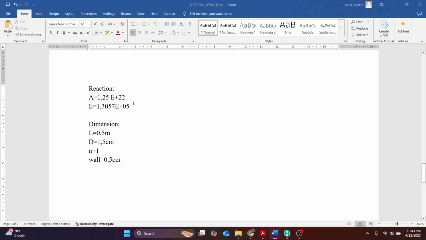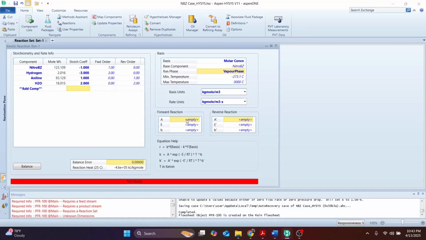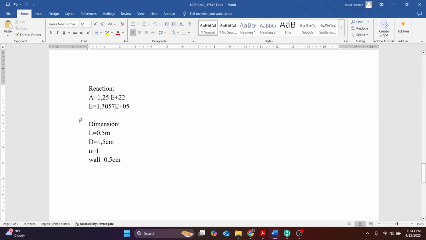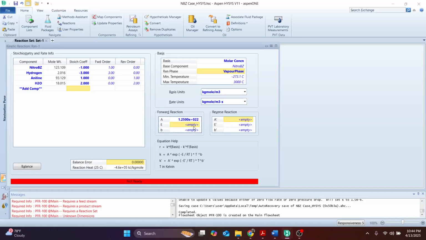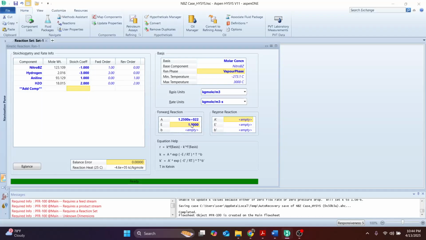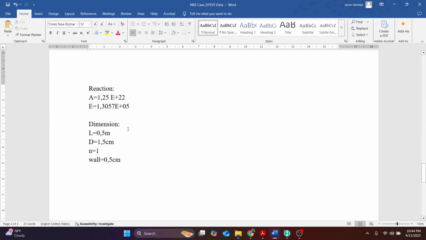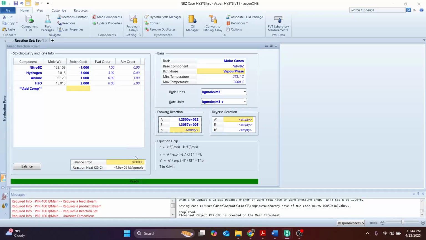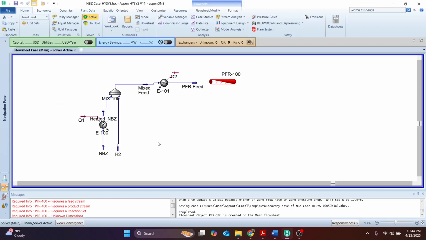So the A is 1.25 E plus 02, and then 1.1 E, and 1.3057 E plus 05. And that's it. The reaction is ready. Good. Now back to the simulation.